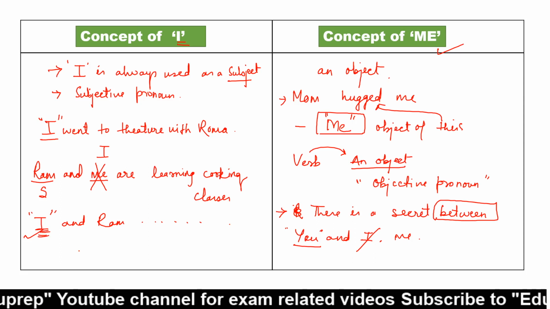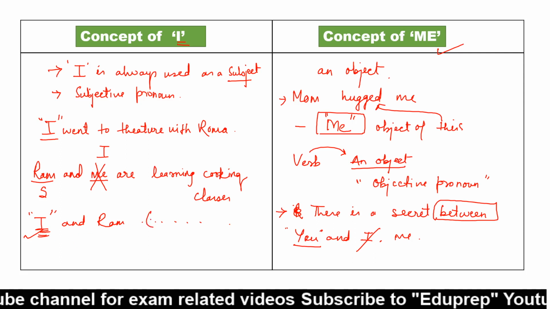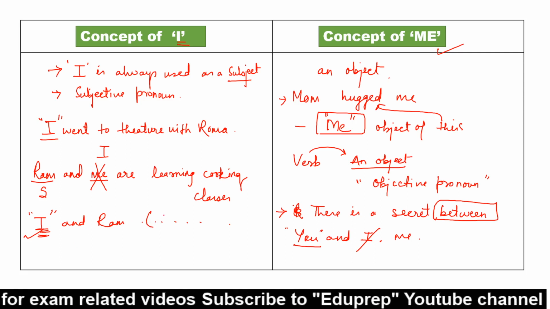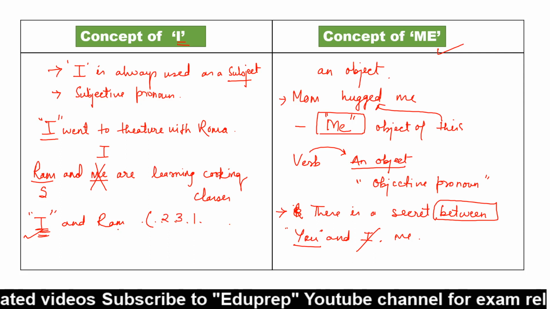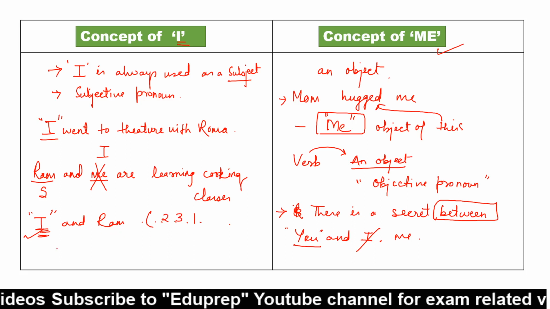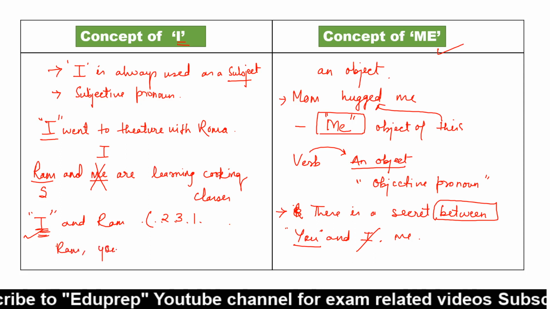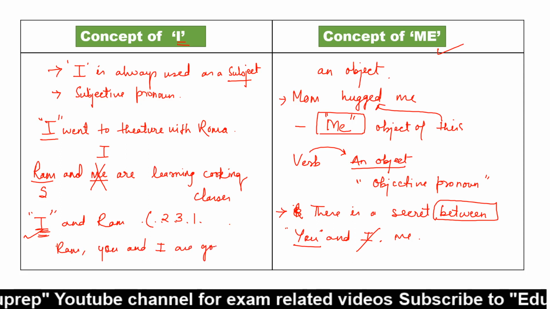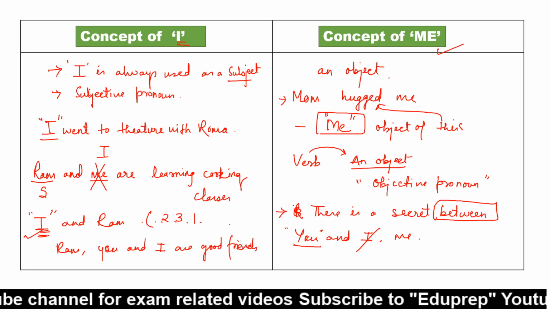But yes, of course, here in the given case, your sentence should follow the sequence of 2, 3 and 1. That simply means, let's say we have the sentence Ram, you and I are good friends.